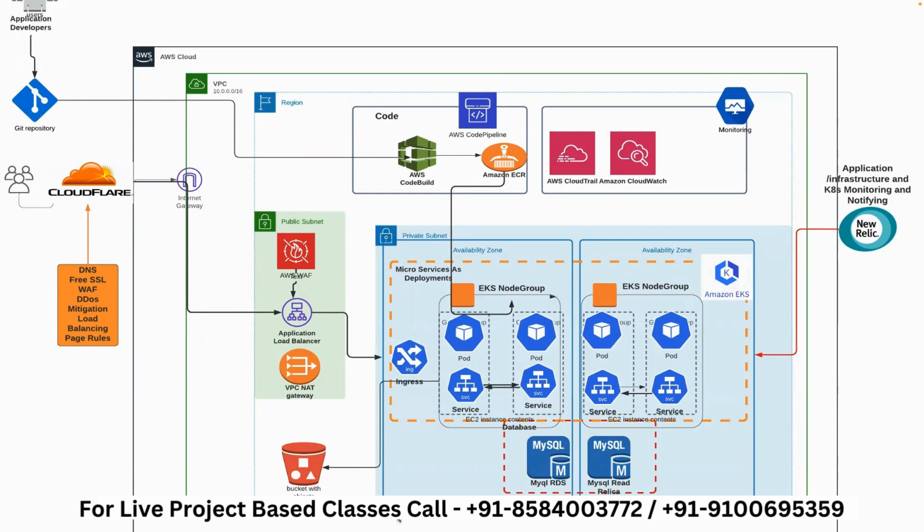So we work in a very highly compliant system. When I say compliant system, every month there will be a lot of vulnerabilities and bugs that come in your applications and in your infrastructure as well, your EC2 machines and all that.